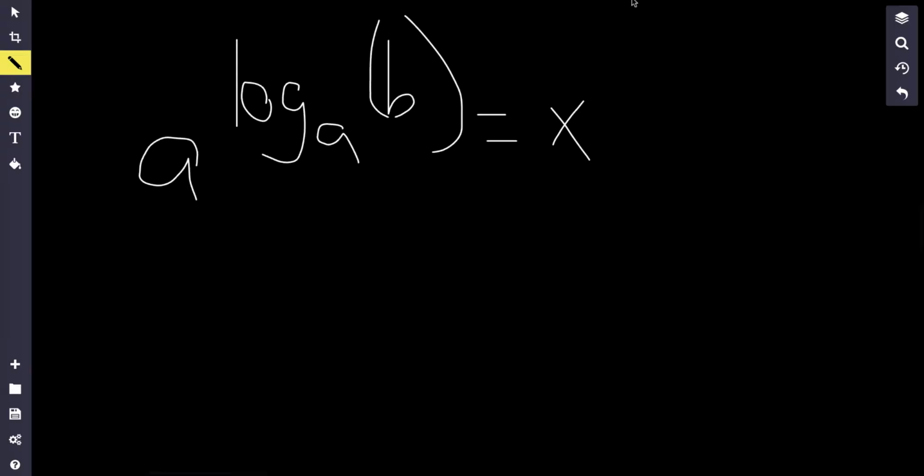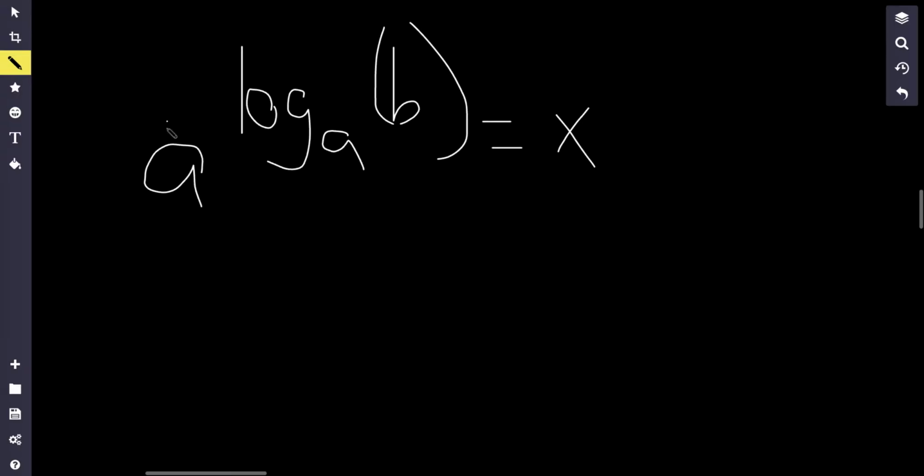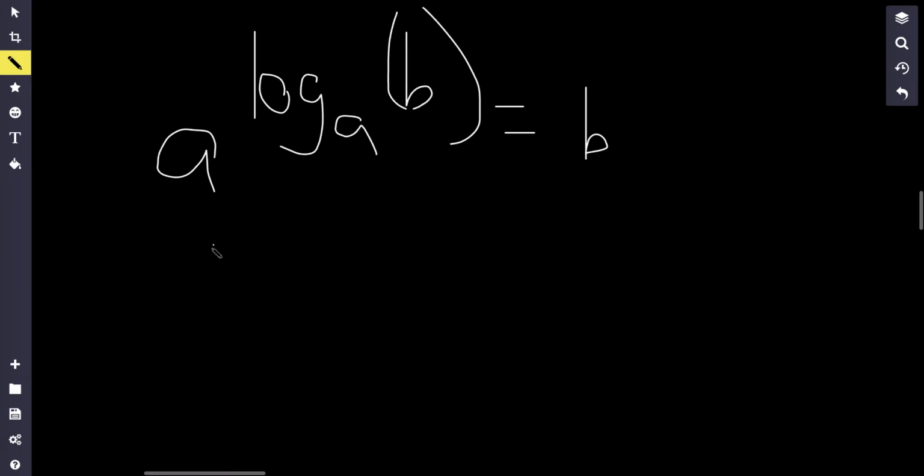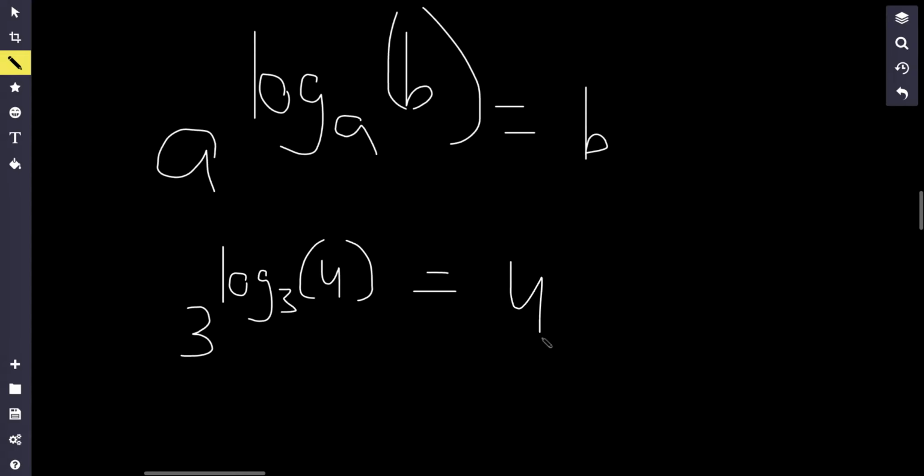Okay, I'm going to be doing a proof now. I'm trying to prove that if I have a to the power of log base a of b, this is just going to be equal to b. So for example, if I have 3 to the power of log base 3 of 4, my answer is just going to be 4, the thing inside of parentheses.